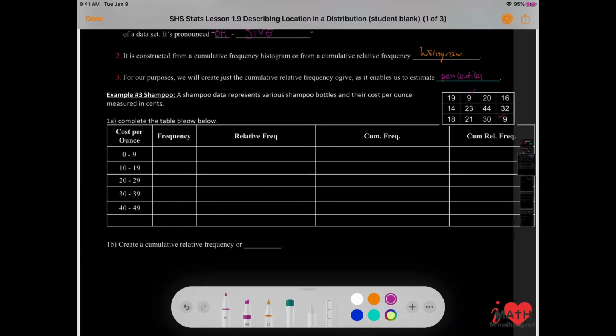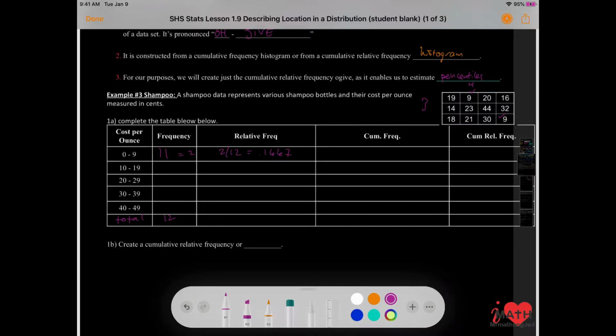That's 9 and 9, so we have 2. And if you count up how many bottles there are, 3 times 4, that's 12 bottles. So our relative frequency would be 2 divided by 12, and if you made that a decimal, you would get 0.1667.